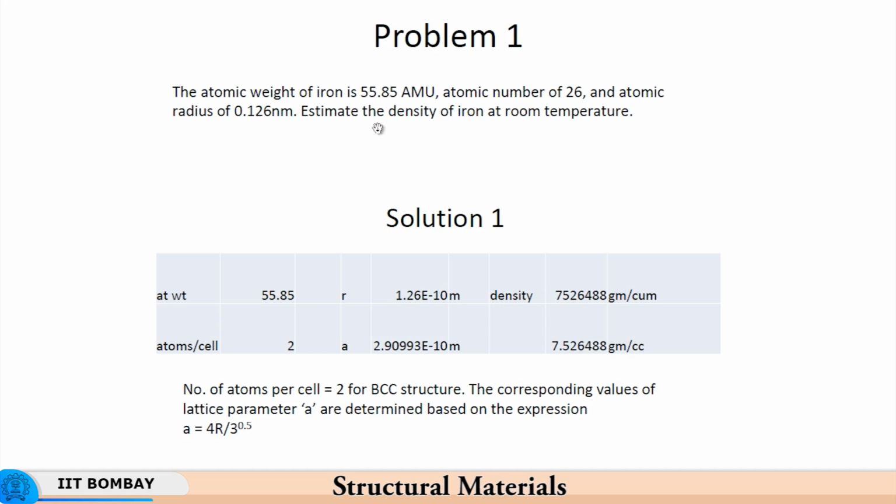I'll repeat that. The number of cells that is available is Avogadro number of atoms divided by 2, so it is half the Avogadro number of cells.